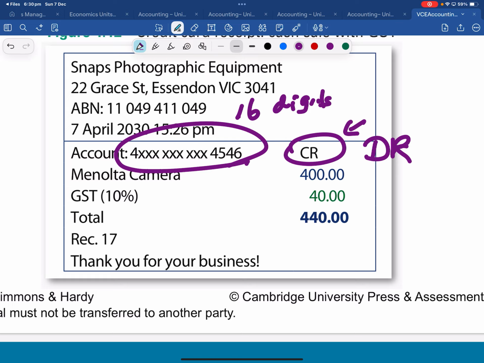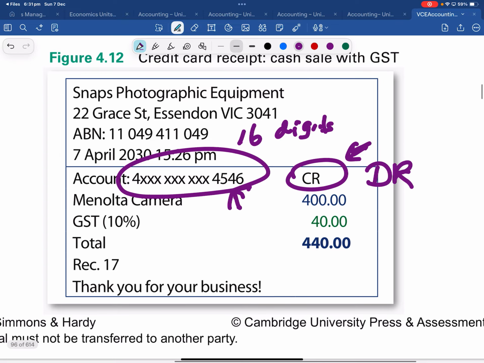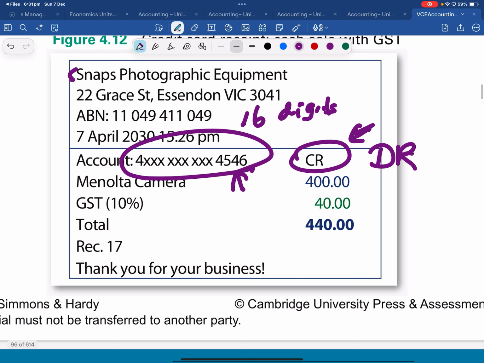How do we know it's a credit card receipt, guys? One thing is they will give us the account number, and then they'll tell us credit or debit. And also, it's not issued by a bank. It's issued by the business.